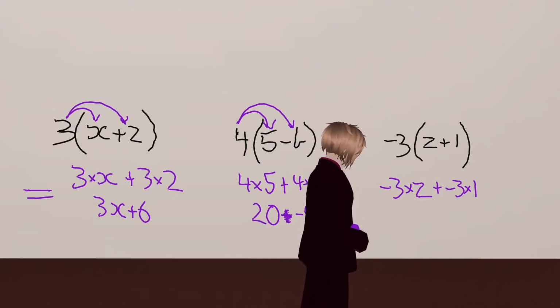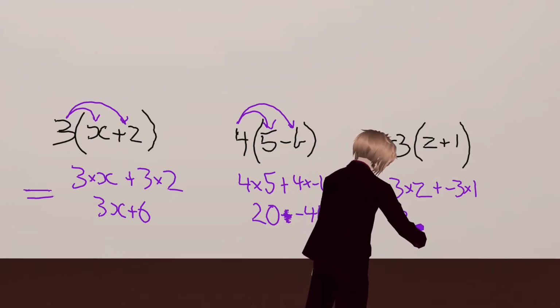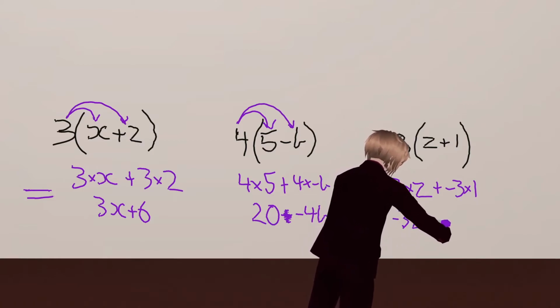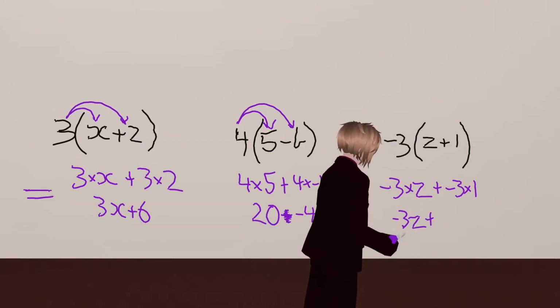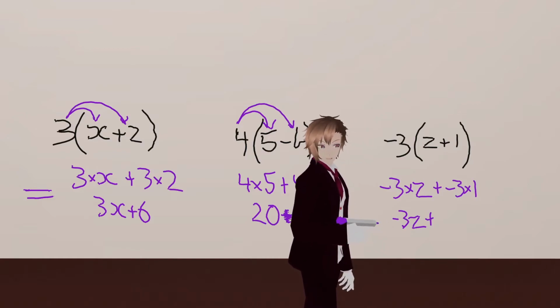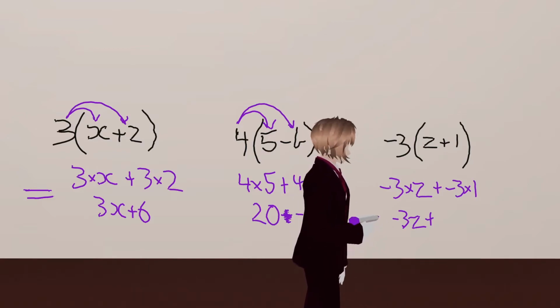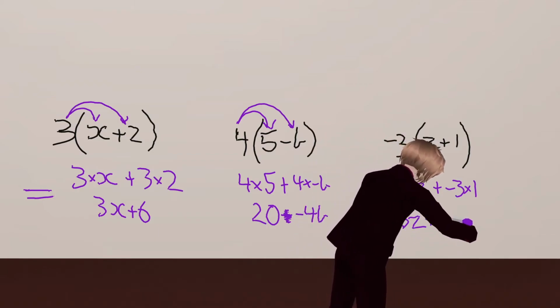So what does this equal? So this equals negative 3z plus negative 3 times 1. Well, it's just going to be negative 3. So let's write that. Negative 3.